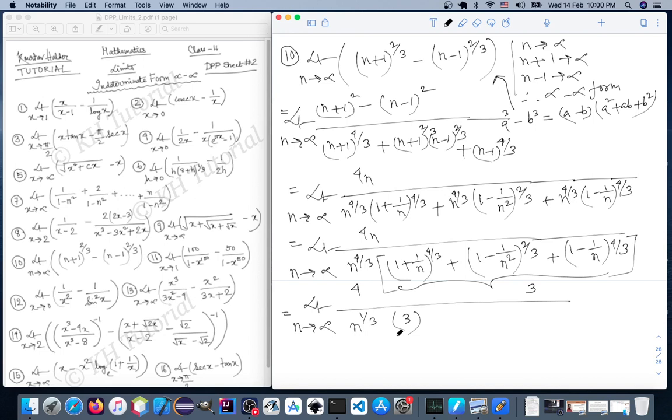So when x is tending to infinity, x to the power n, where n is any rational number greater than 0, will also tend to infinity.